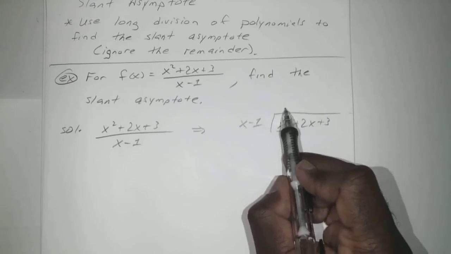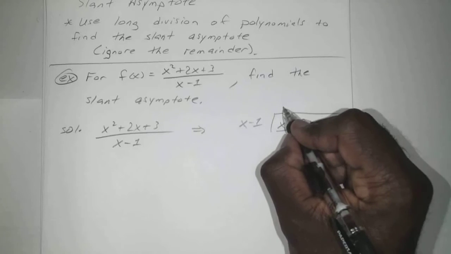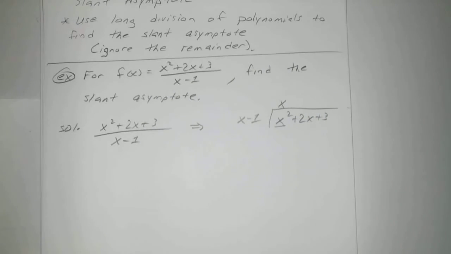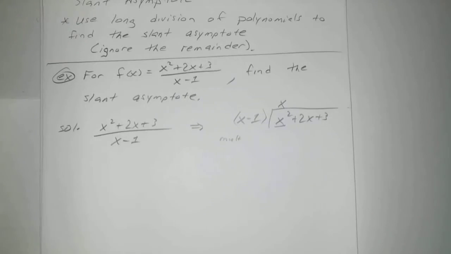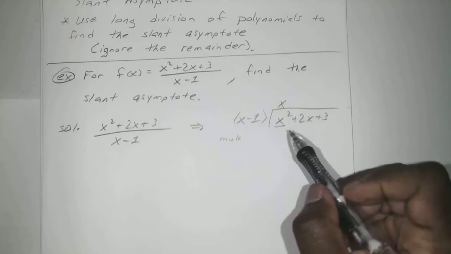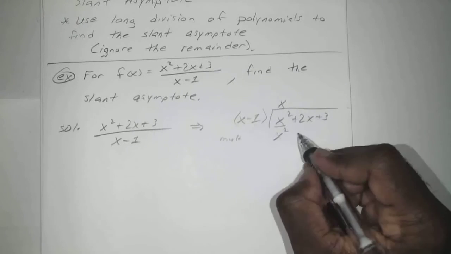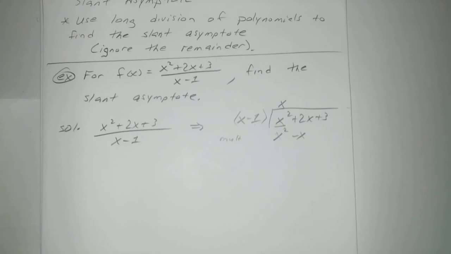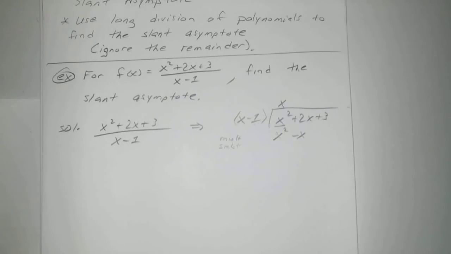So we have x times what will give us x squared, and in this case it's just x. Okay, so now we multiply x times x is x squared. X times negative 1 is negative x. So we multiply. Remember our next step is we subtract.